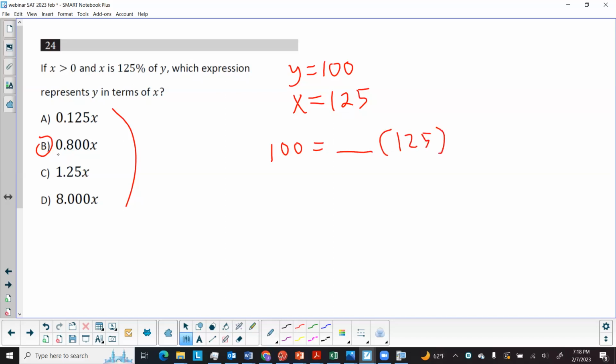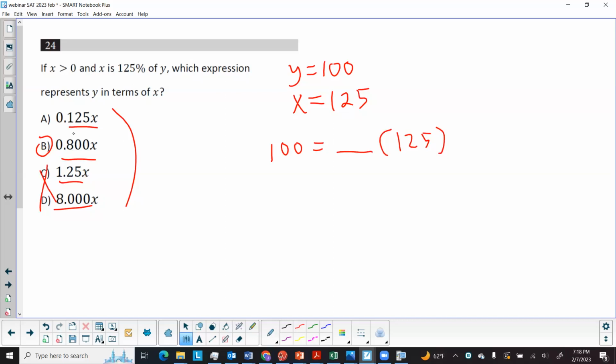So then I can start testing out these answers and see which one actually works. And by the way, I know that number needs to be less than 1, so I think these two answers are gone. I think someone just said that in the chat: eliminate C and D. It can't be larger than 1 there. And then you could just test, and you can almost just see it's got to be 0.8.